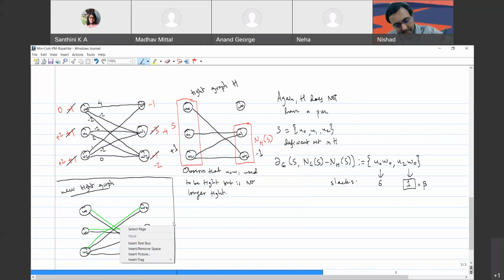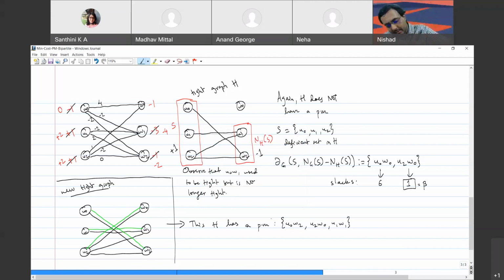So this graph H has a perfect matching, which is U0W2, U2W0, and U1W1.